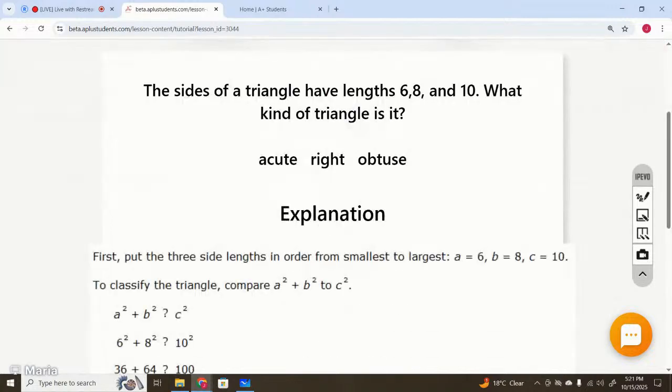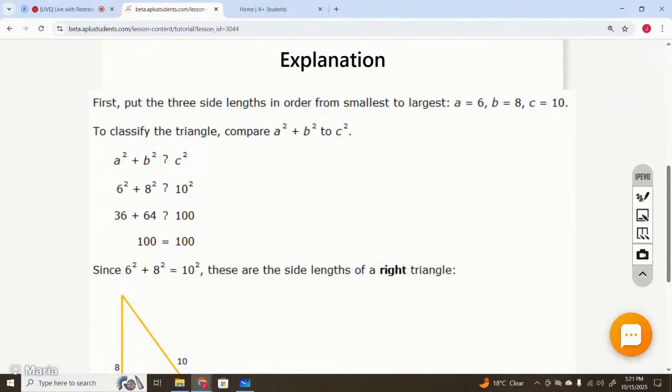What kind of triangle is this? We need to evaluate a squared plus b squared equals c squared, right? If c squared and the sum of the squares of the other two sides are equal, then that is a right triangle. That's what we learned in the converse of the Pythagorean theorem.